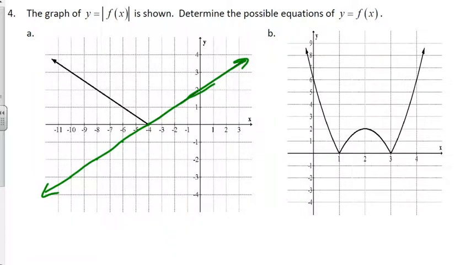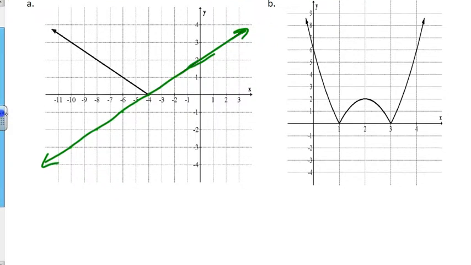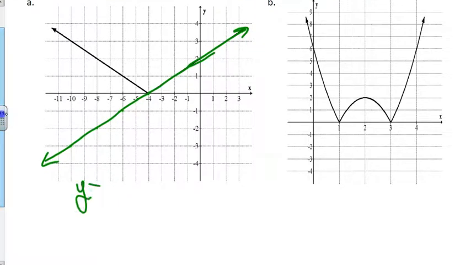When we took its absolute value, it then became the black graph, right? Part of which is hidden under the green there. And what's the equation of this? So you say, well, what kind of shape is this? It's a straight line, right? What do we do for lines? A line is y equals mx plus b. Well, we need a value for m and for b. So what's b?